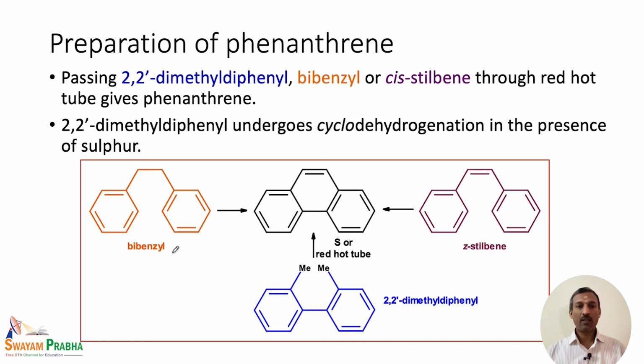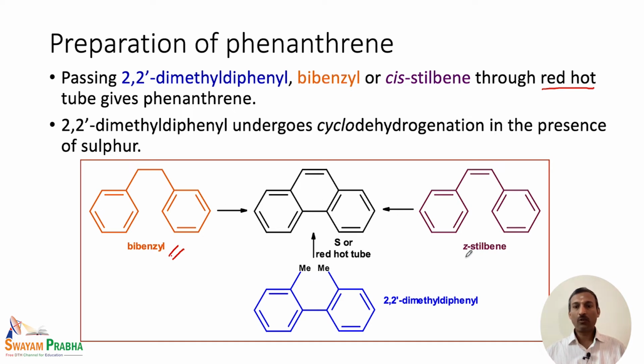One of the reactions is we take bibenzyl. In bibenzyl there are two carbon atoms connected between two benzene rings. This is how we can draw the bibenzyl structure. When we pass this bibenzyl over a red hot tube, which is the reaction condition, the bibenzyl undergoes cyclization to give phenanthrene as shown here.